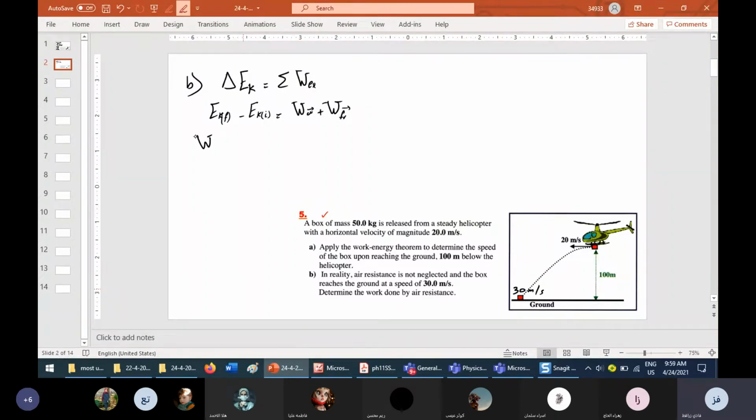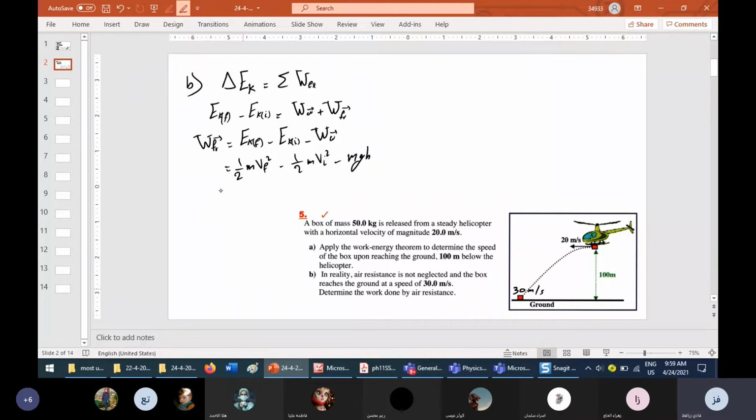So the work done by friction would be the kinetic energy final minus kinetic energy initial minus the work done by the weight. We already calculated them all: half m v final square minus half m v initial square minus mgh.